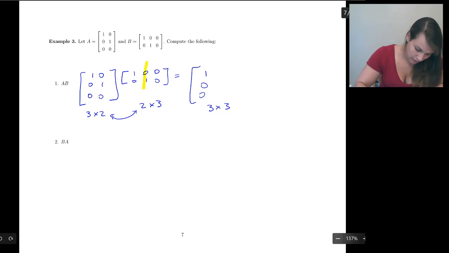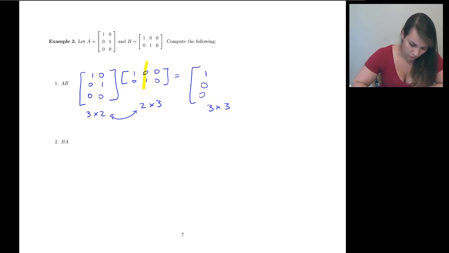So then second column, row 1, that's going to be 0 times 1 and 1 times 0, so it's 0. And then the next one is going to be 0 times 0, 1 times 1.